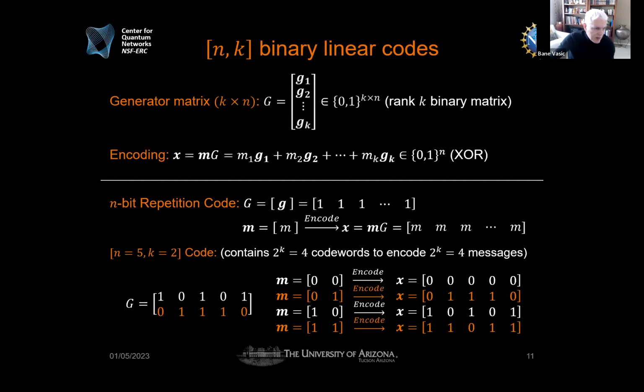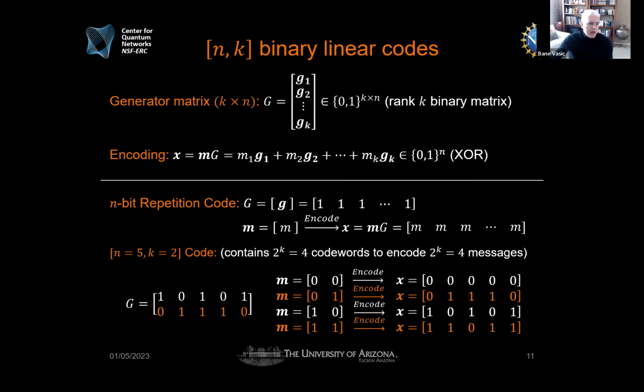Here is another example of a code that has 5 bits and 2 information bits. So the code contains 4 code words. How do I create code words from rows of G? I do what I just said.